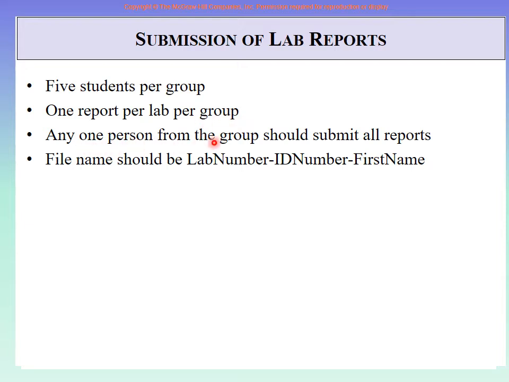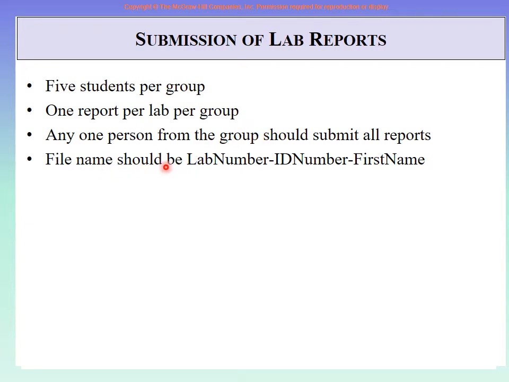Any one person from the group should submit all the reports through the Moodle, right? Anyone can become responsible. When you are writing it, when you are understanding it and so on, you can work as a group. Once you have finished working on it and the reports are ready, then any one of you can upload it.